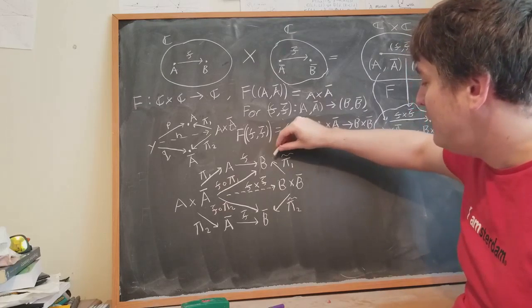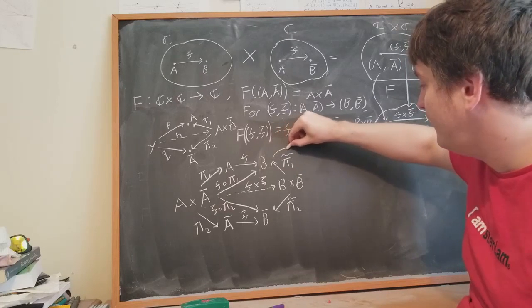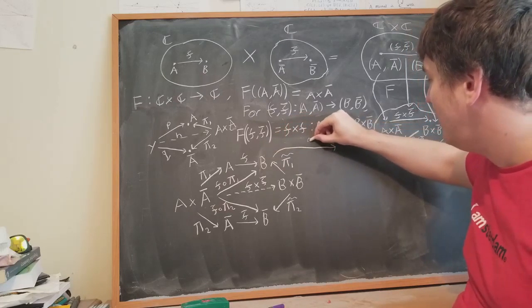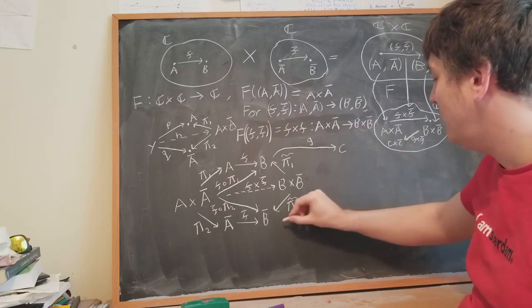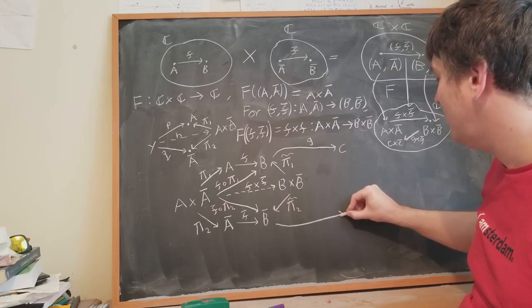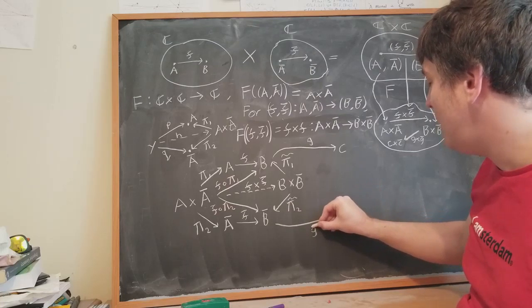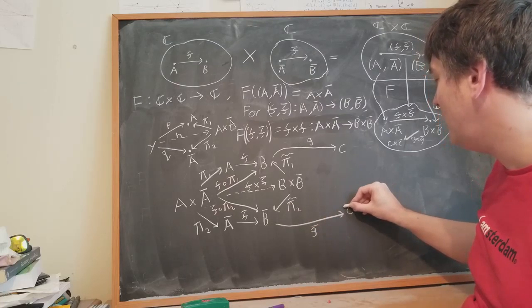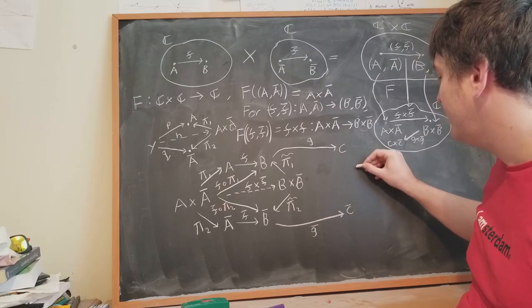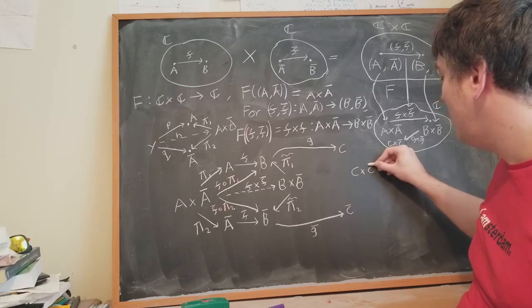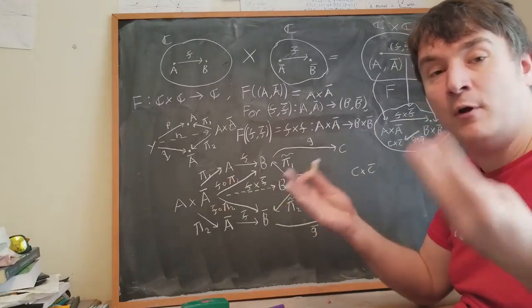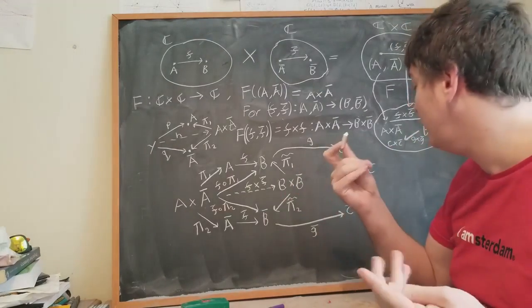Well, we just extend this picture. So we go along G to get C. We can go along G bar to get C bar. There's going to be a product of these two. Remember, we're assuming that there is a product for every pair of objects.